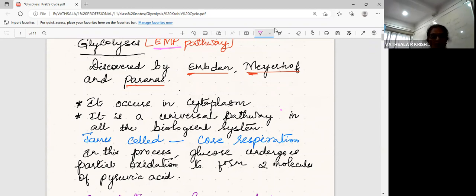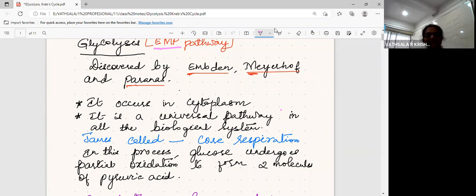It occurs in the cytoplasm. Another important point: it's a universal pathway. That means irrespective of whether an organism is aerobic or anaerobic, this is the first step that always occurs in all biological systems, in all eukaryotes.